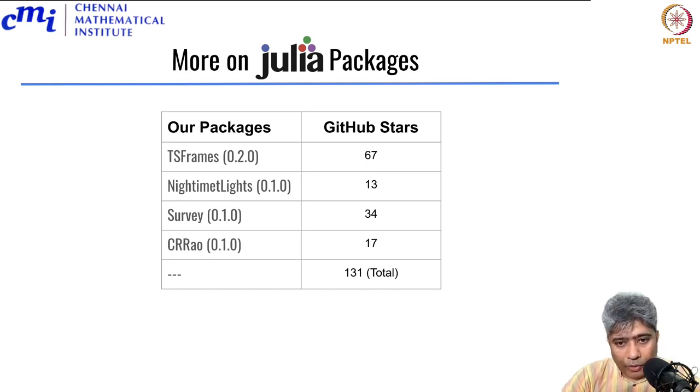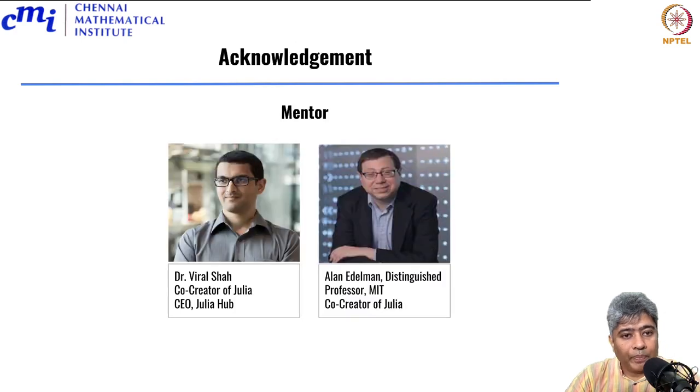So this package is a very beautiful package. Then Survey and CRRao. These are the packages that we are building. Our GitHub stars are right now around 130, but I am hoping that soon it will go up. Please support us. Click the star button and support us on GitHub.